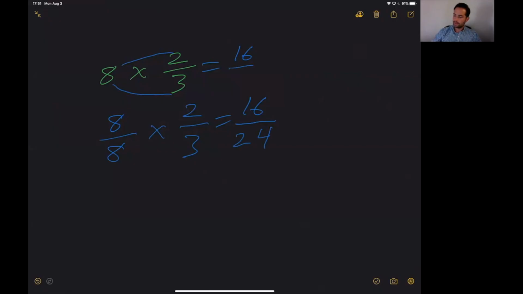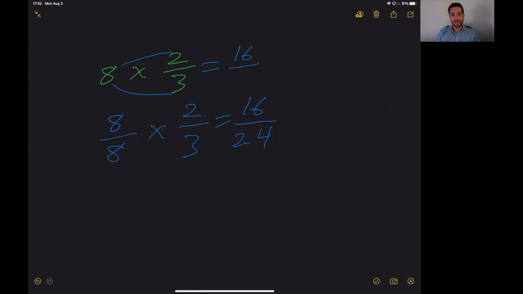Well, 16 over 24 literally is 2/3, right? Because I have 8, 16, 24. 8 plus 8 is 16. That's 16 out of 24, or 2 out of 3. And then the other explanation is this.